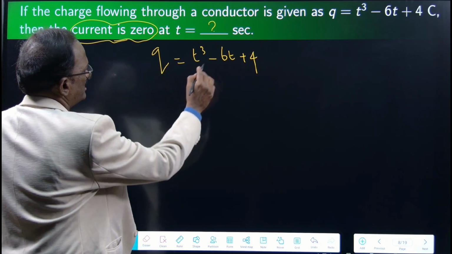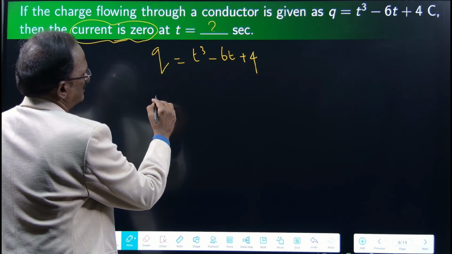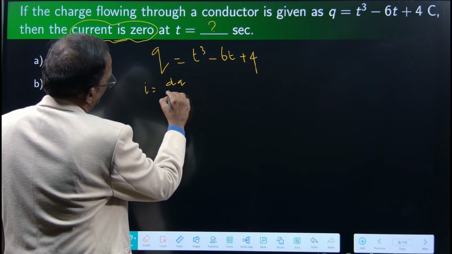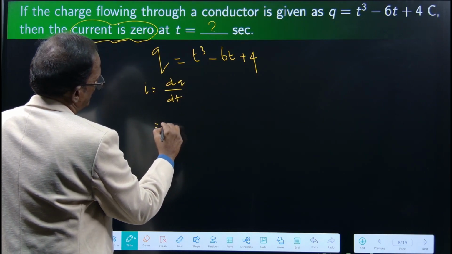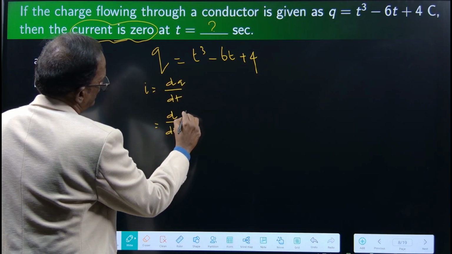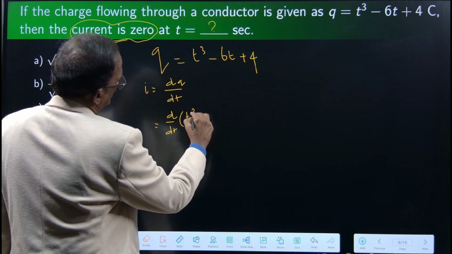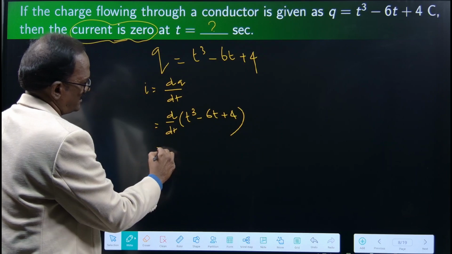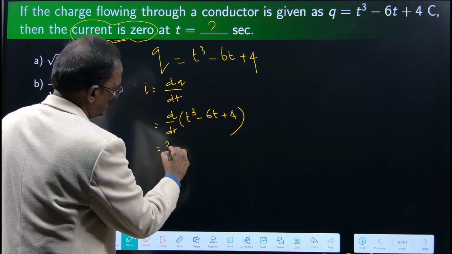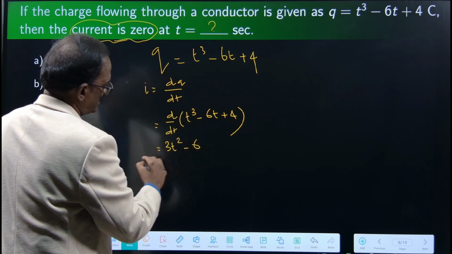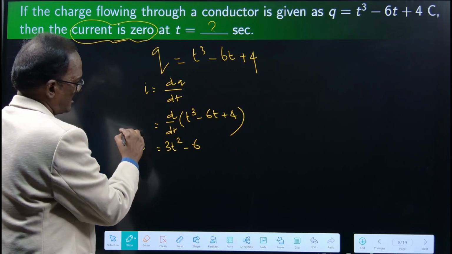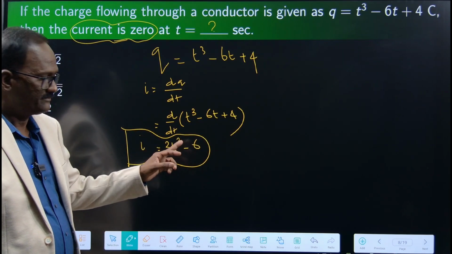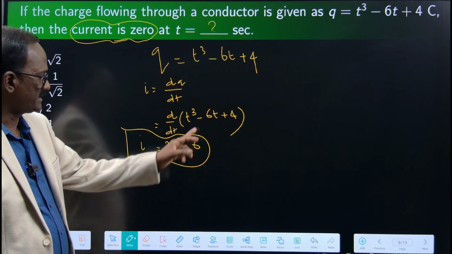I is equal to dq by dt. d by dt of Q, which is t cube minus 6t plus 4. If you differentiate it, 3t square minus 6. Now I have obtained I in the form of time, 3t square minus 6.